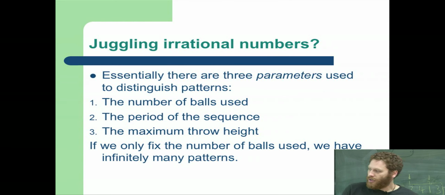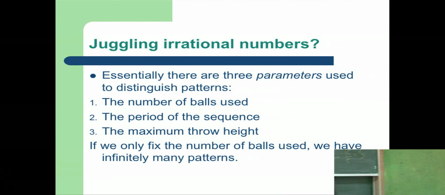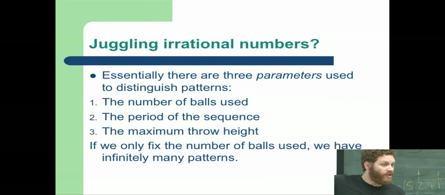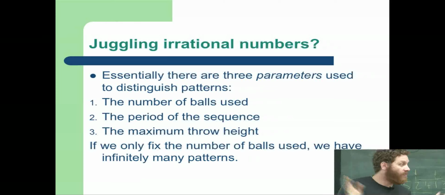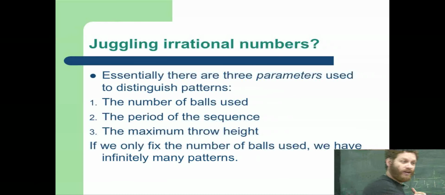It turns out if we only fix the number of balls, say set the number of balls equal to 3, and we allow these other 2 parameters to be completely free, then we have infinitely many patterns. And in this way, we can use transitions to link them together and hence generate a string of integers that never repeats. That is also a possible pattern to be juggled.